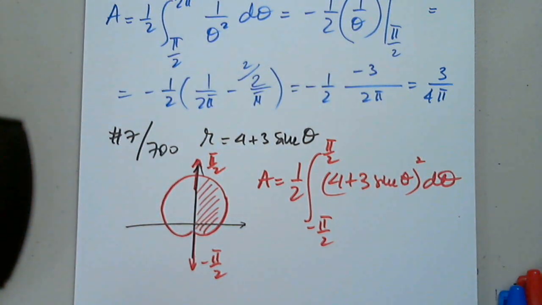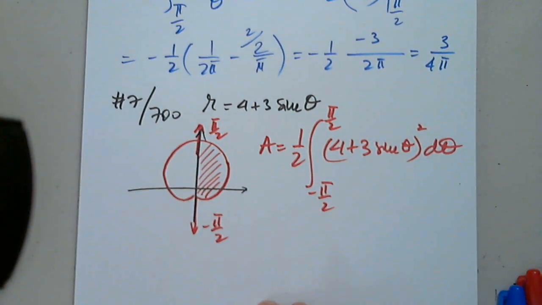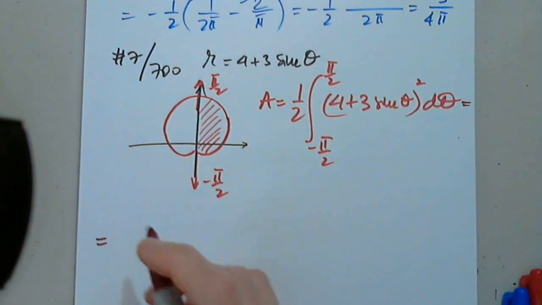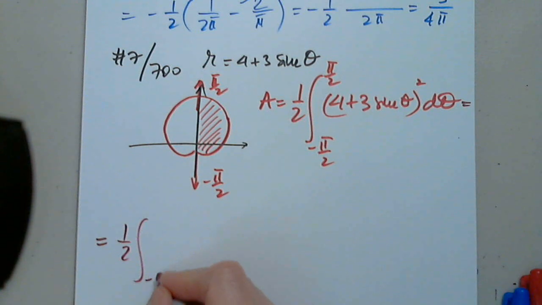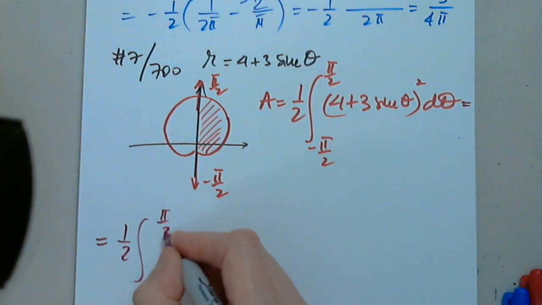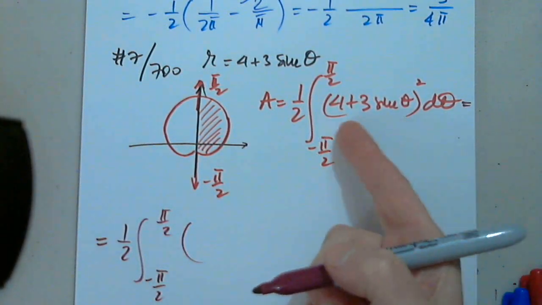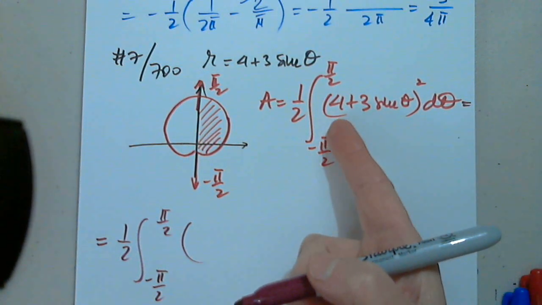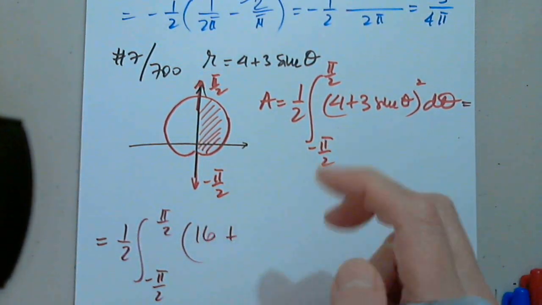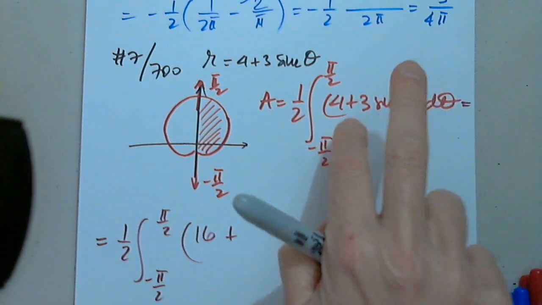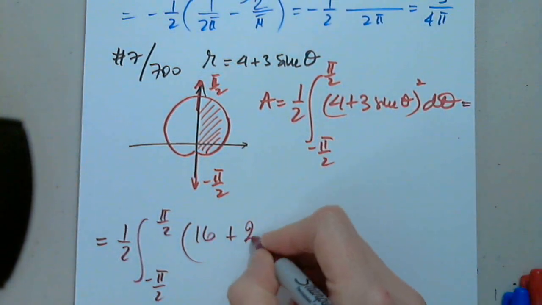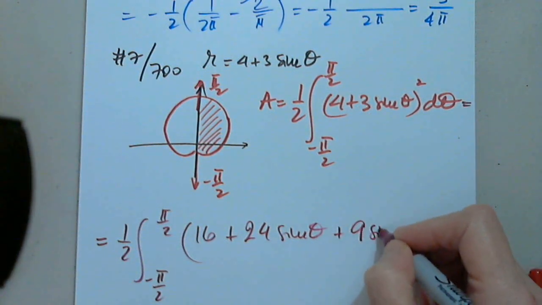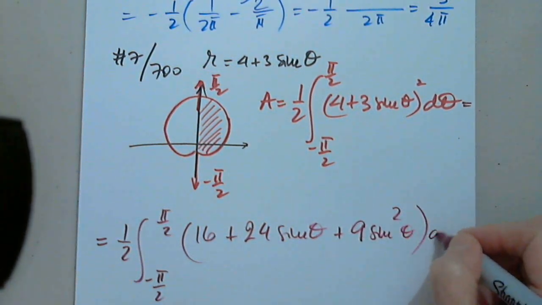Okay, so let's find this area. So I'll continue here. 1/2 the integral from negative pi over 2 to pi over 2. And now I have to square. I squared a binomial, so I have to get a trinomial. First term squared, 16, plus 2 times the first times the second, 6 times 4, 24 sine theta, plus 9 sine squared, d theta.